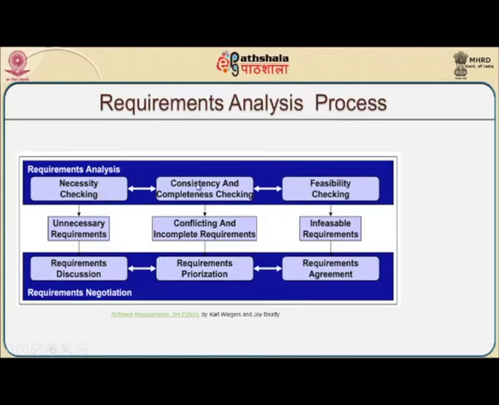Then it passes through a consistency and completeness check, where any conflicting and incomplete requirements are prioritized. And finally, in the feasibility check, infeasible requirements, which may or may not be part of the agreement, are also discussed here.